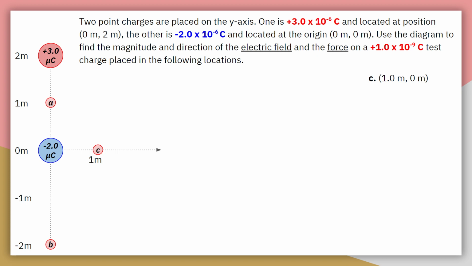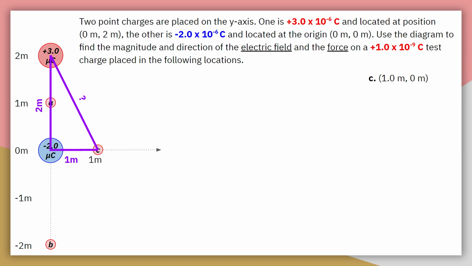Now for point C, we know that that is 1 meter on the x-axis. It's not up or down from the y-axis, so that's why the coordinate is 1 meter, 0 meters. To solve for the electric force that results from its interaction with the positive point charge, we need to know the distance between those 2 points, which is not given to us.